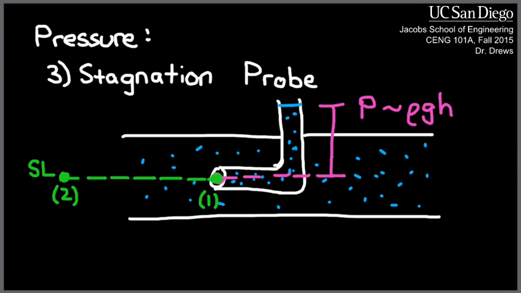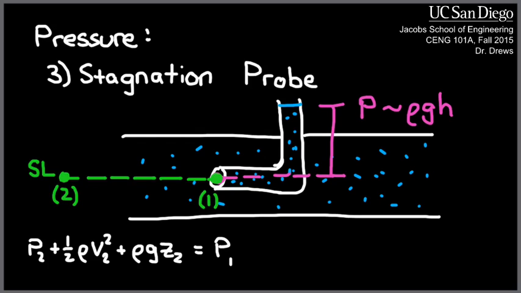And if we do that, we will have the pressure at 2 plus 1/2 rho V2 squared plus rho g Z2 is equal to the pressure at 1 plus 1/2 rho V1 squared plus rho g Z1.